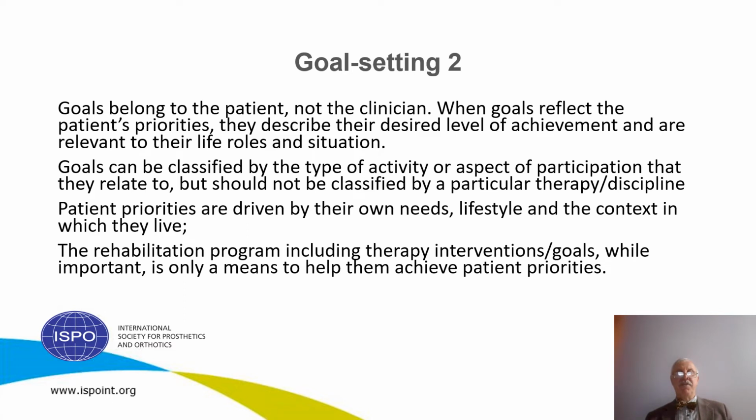Patient priorities need to drive their own requirements, their lifestyle and context in which they live. The rehabilitation program, including therapy interventions and goals, while important, is only a means to help patients achieve their priorities.